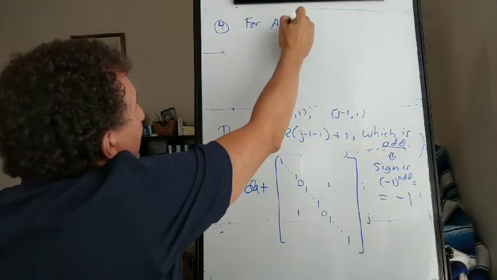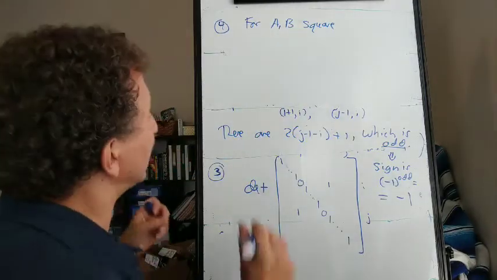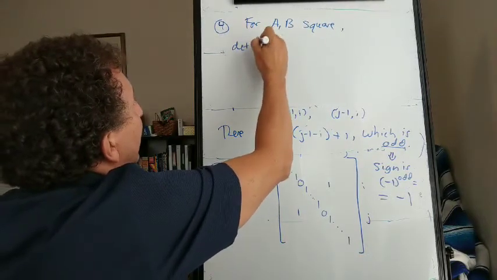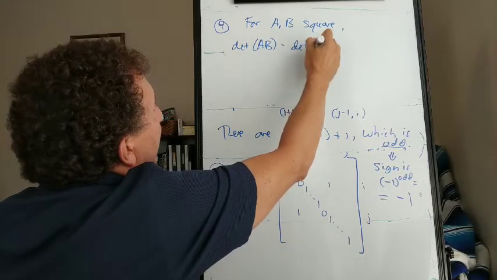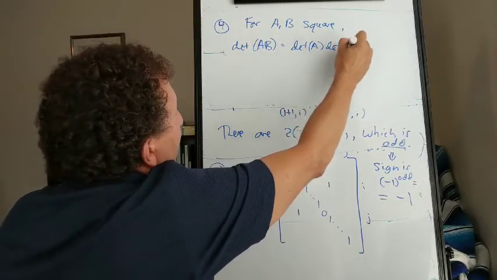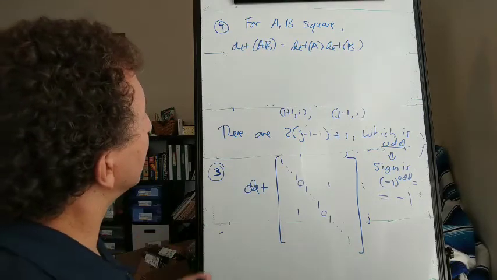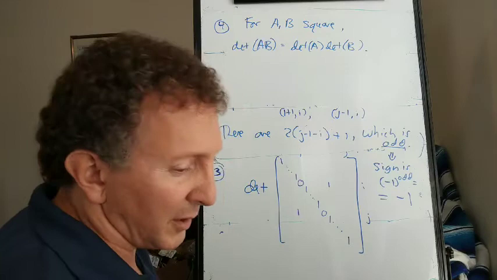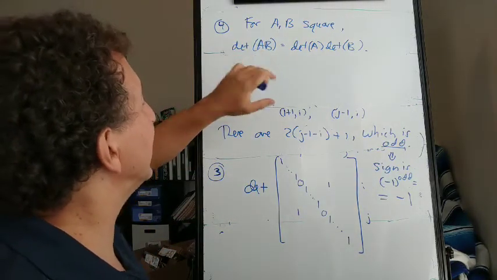for A and B square, we only take determinants of square matrices, the determinant of AB equals the determinant of A times the determinant of B, which I guess is the easiest possible formula it could be, seeing that we're multiplying A and B here.